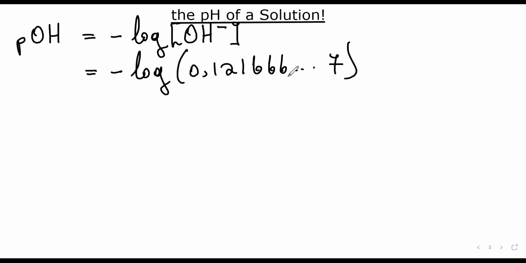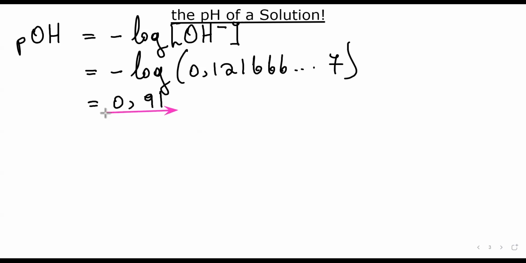But of course, you don't do those ellipses, you just write the entire thing. And if we now go to the calculator and find the negative logarithm of this, well, we can now take this to 2 decimal places. So we get 0.19.